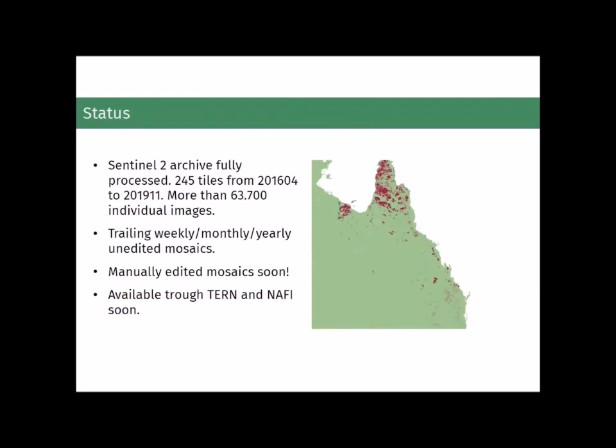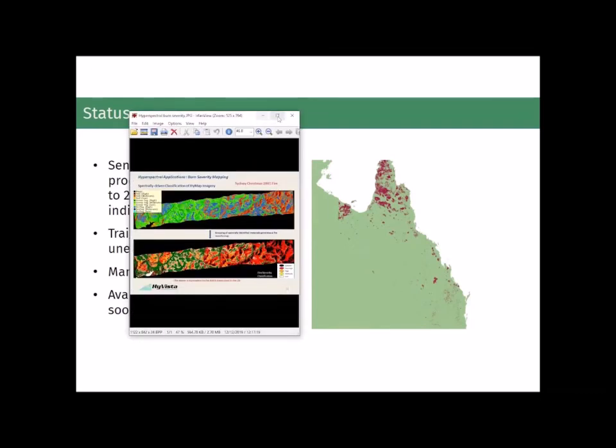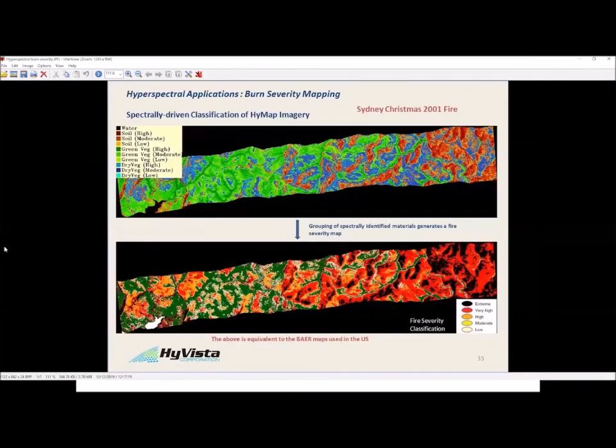I put a JPEG up where we went from classifying using hyperspectral data the products that are sitting on the ground, whether they're ash or partly burnt vegetation, and then converting that to a burn severity map, which worked pretty well because we compared it, for that particular fire, which goes back to 2001, to a map prepared by Sydney Water of the same area, and the correspondence when you see the two overlaid is very, very good.